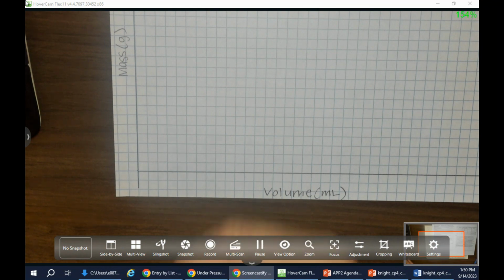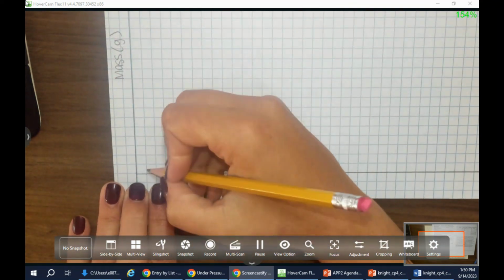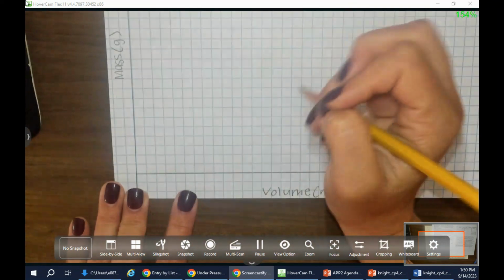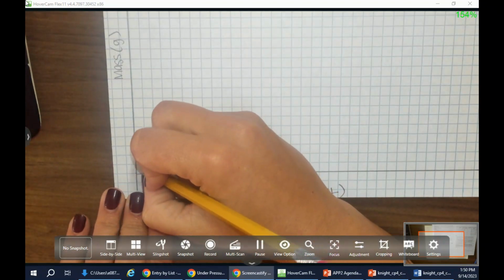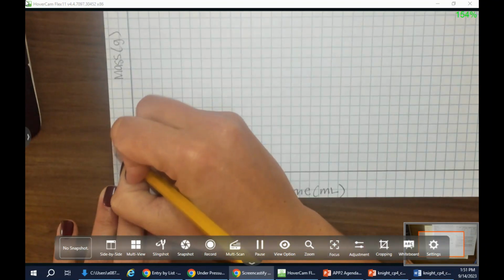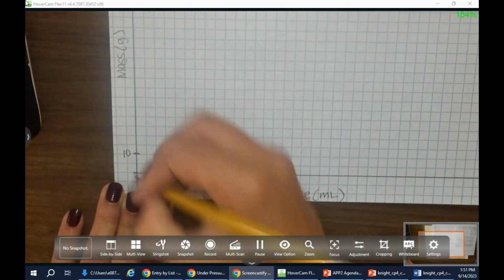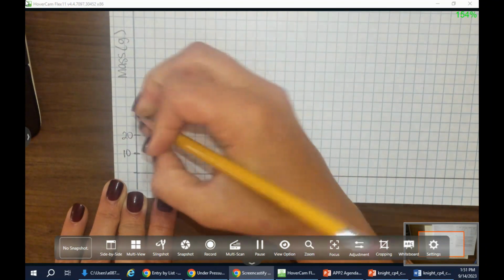Going up, I'm going to say every box is going to be 5. And now I'm realizing that this paper is a little bit smaller than mine this morning, so hopefully this still works. I went up to 10, so I'm just going to treat every square as 5.